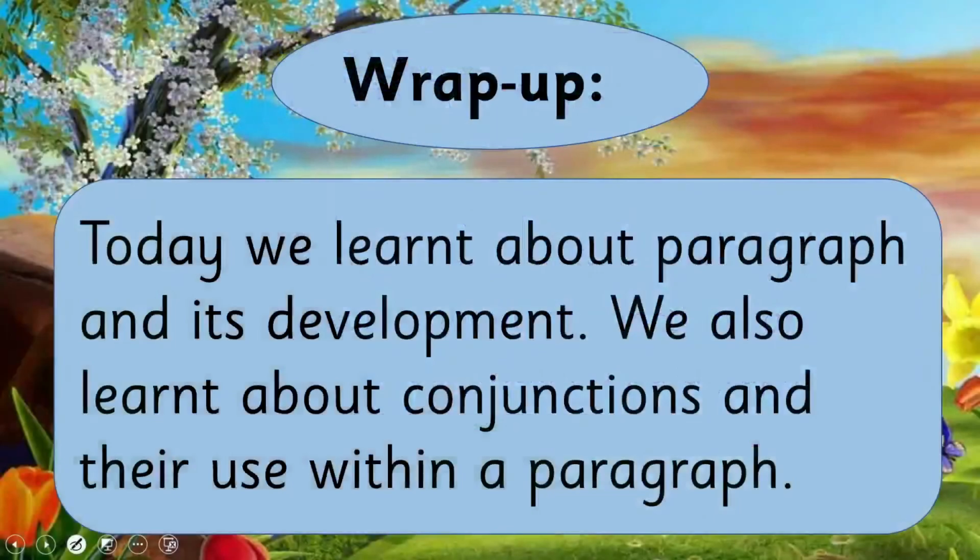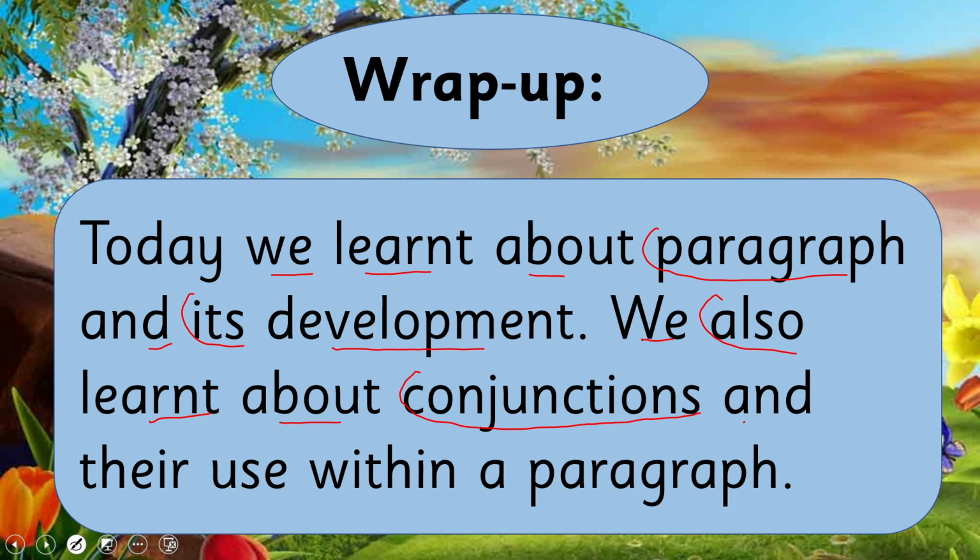Wrap up what we have learned today. Today we learned about paragraph and its development, how we can write a paragraph. We also learned about conjunctions and their use within a paragraph.